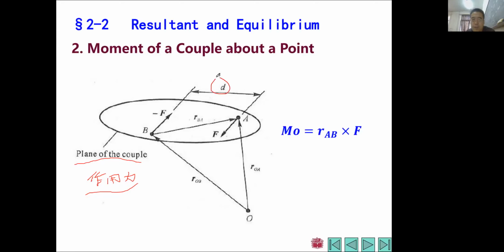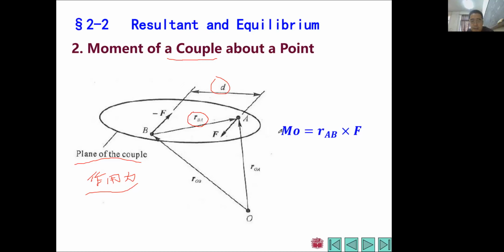We use d. So from a mathematical point of view, if we try to figure out the moment of this couple about a point O, we should give a position vector R_OB here and position vector R_OA here, the action point of this F and the action point of this F. So we need to link B and A, and the direction is from B to A. So we have another vector R_BA, right?